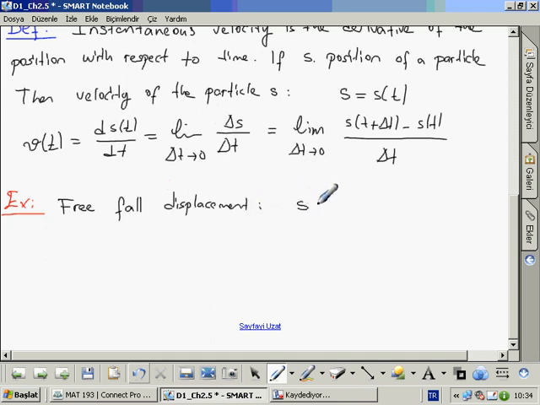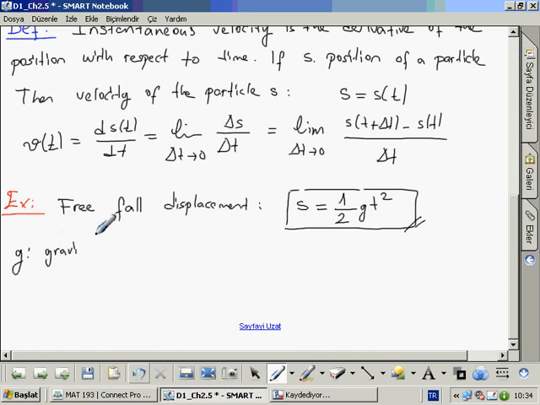We know that S equals 1 over 2 g t square, and what was g? You can remember from the physics lectures. g was the gravitational acceleration.